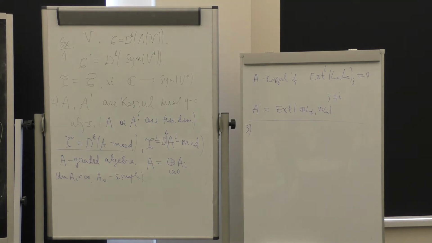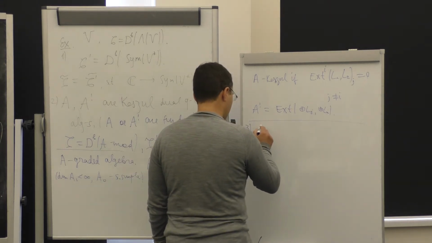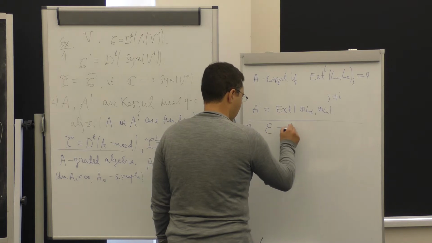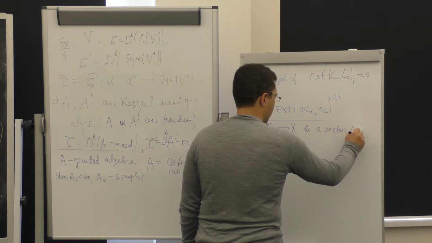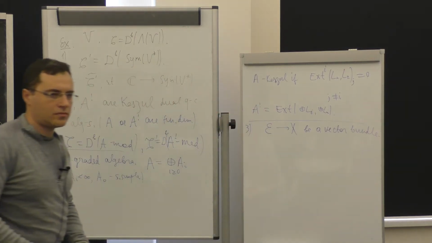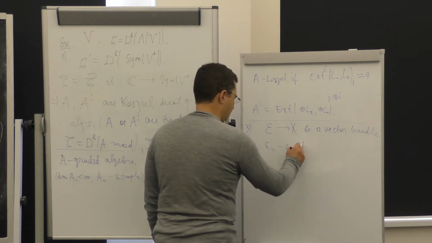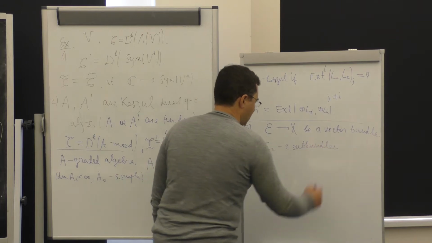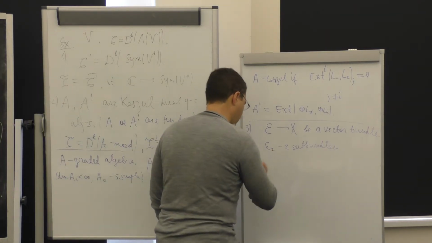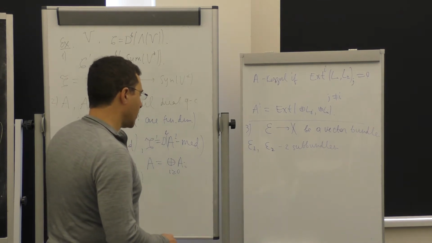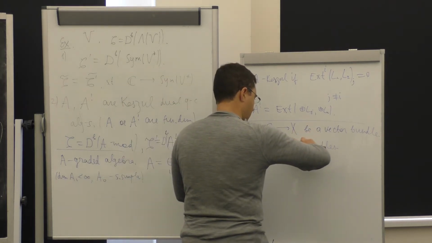So we'll take the following. We have some base X, and let E to X be a vector bundle, and E1, E2 are two subbundles.